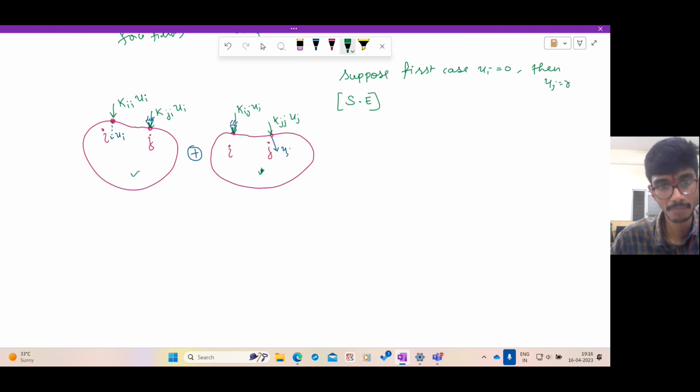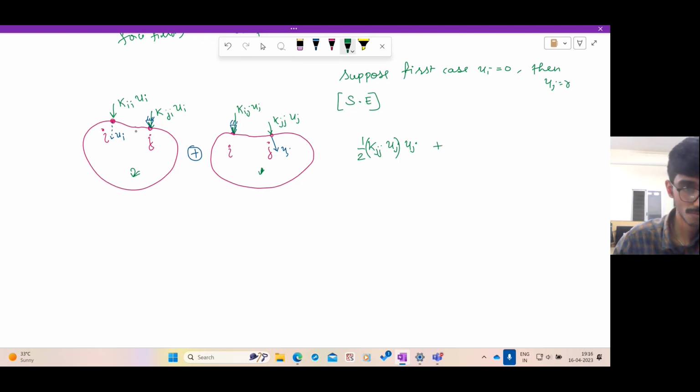So what will be the work done by this? The work done by this force will be half kjj uj uj. So this is the force and this is the displacement. Is this doing any work? No, because the force is generated when the point is fixed. So the displacement is 0, so there's no work done.